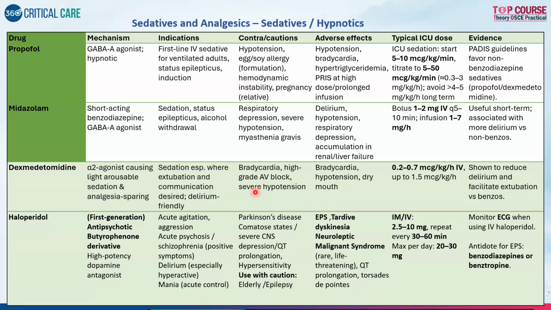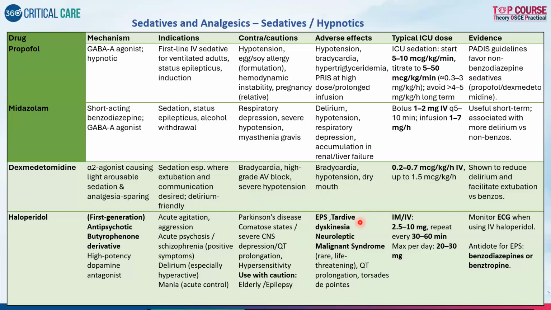It is indicated in case of acute psychosis, delirium, mania, and acute agitation. However, it should be used in caution, especially in cases with QT prolongation, in cases of elderly. Adverse effects being extrapyramidal syndrome, tardive dyskinesia, QT prolongation, torsades de pointes also it might cause.